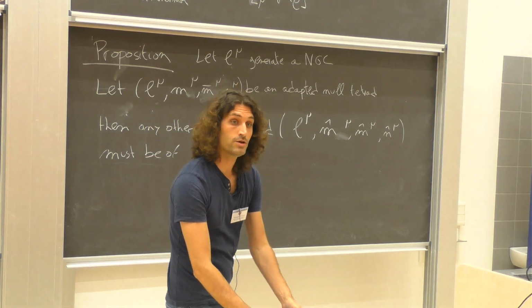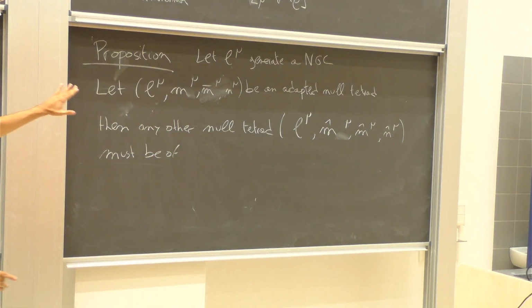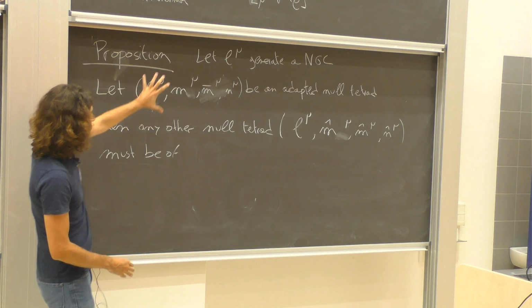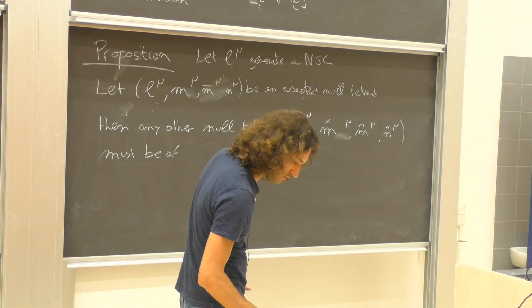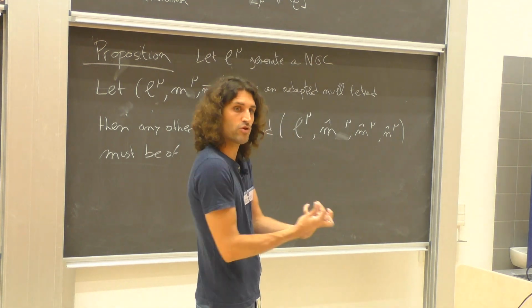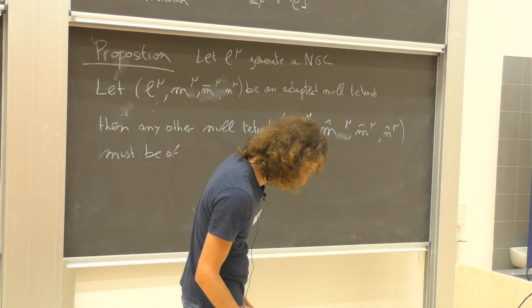No, the L should be the same. Because that's the point. You start with a null geodesic congruence, so you want to look for null tetrads, but L is fixed because it's part of the geometry you want to care about. So we want to construct something from the null geodesic congruence. So it stays the same.